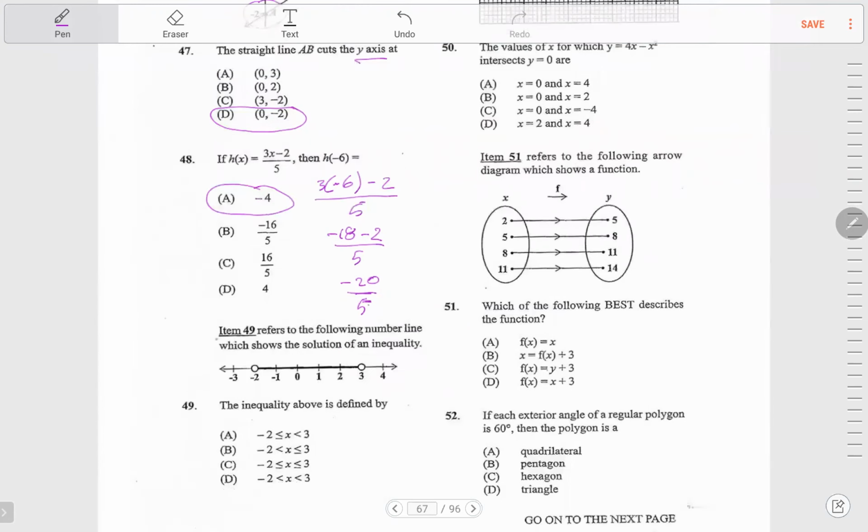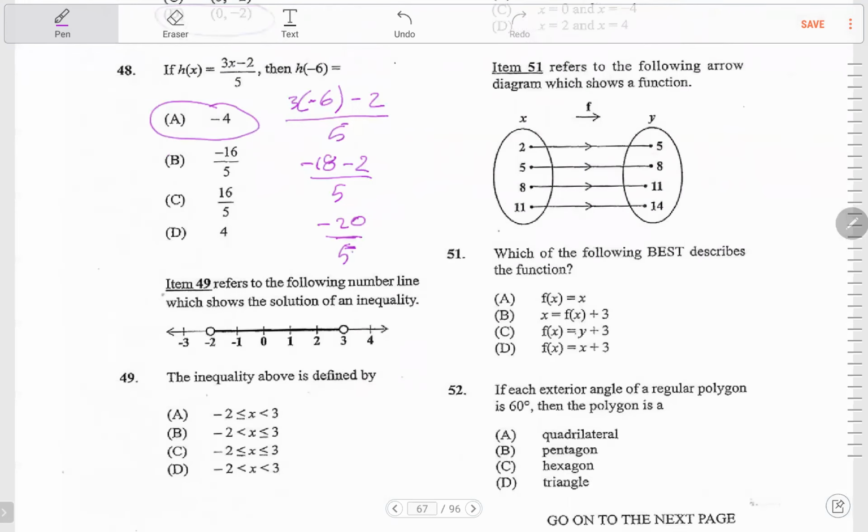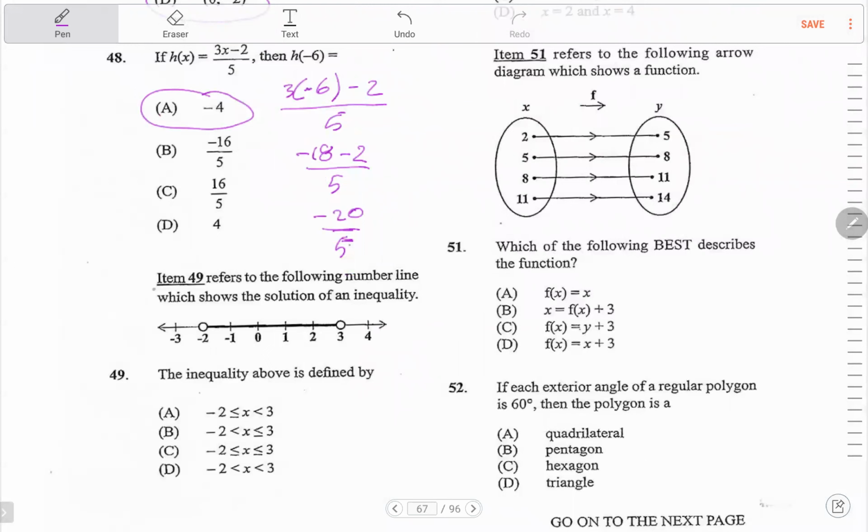Next one. Which of these is for the number line? We have an open circle on -2 and an open circle on 3. It means you must have a less than sign here and a less than sign there, and x is between them.